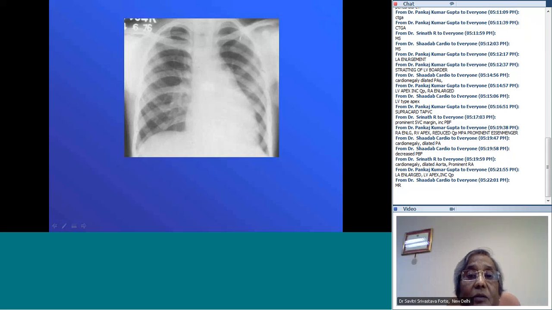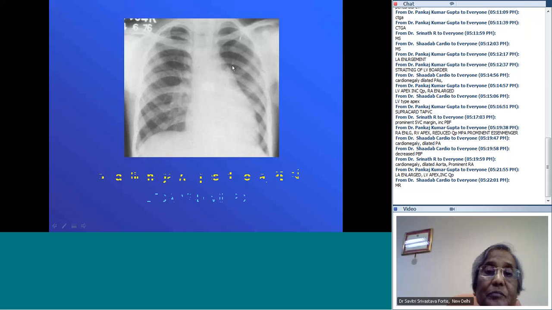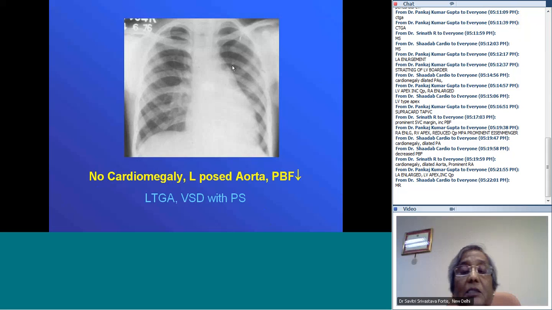A smooth shadow of the left heart border with decreased pulmonary blood flow, no cardiomegaly, is classical for L-transposition with VSD and PS. This, I think, everybody should say. A very typical X-ray, and we must have all seen this X-ray.